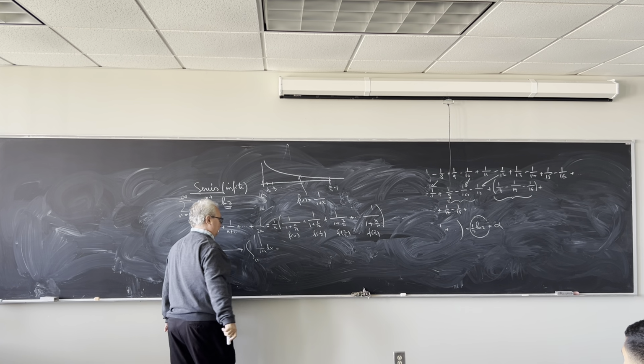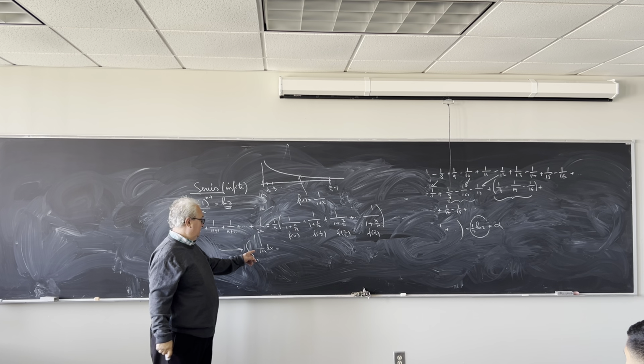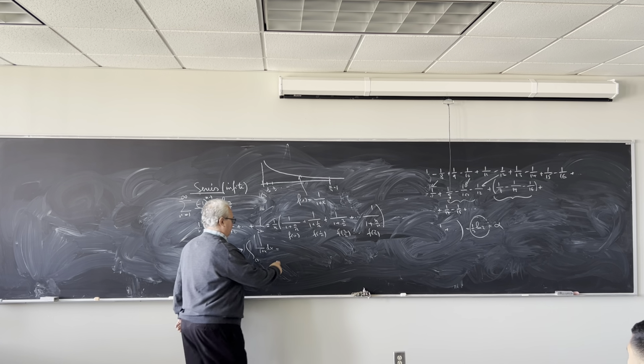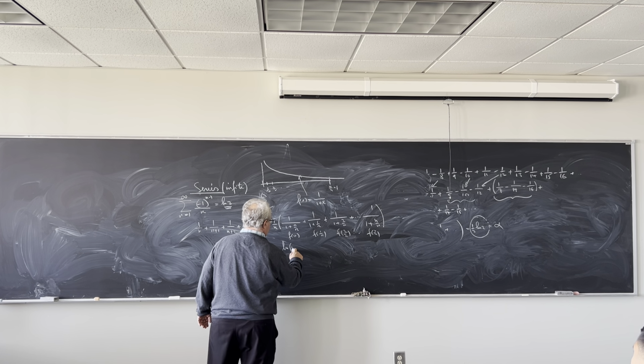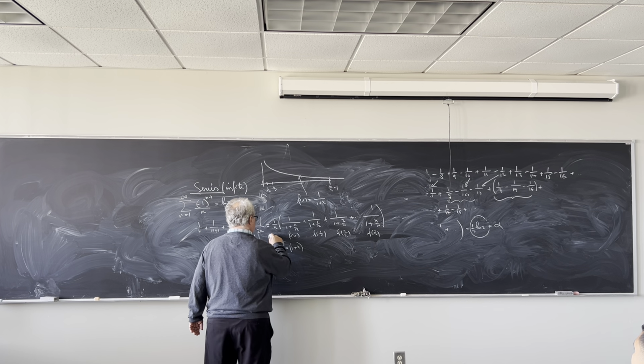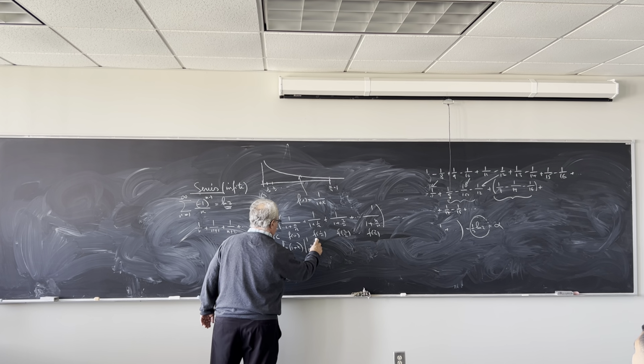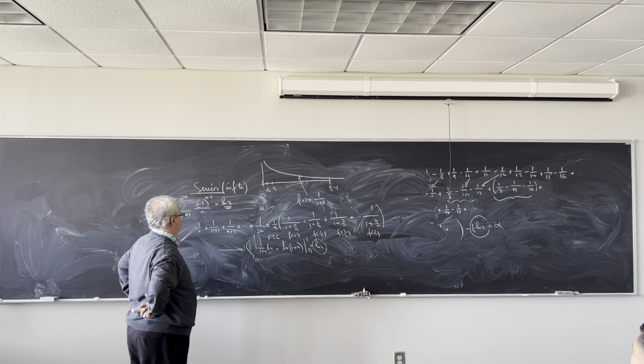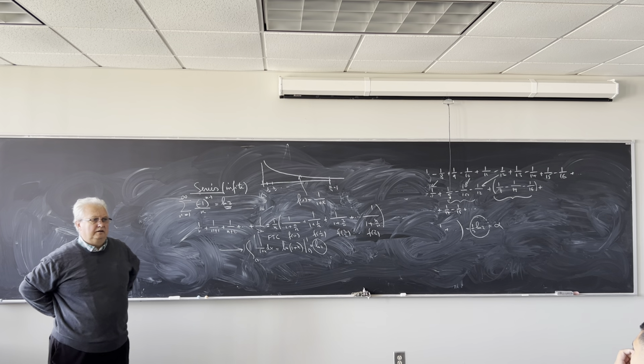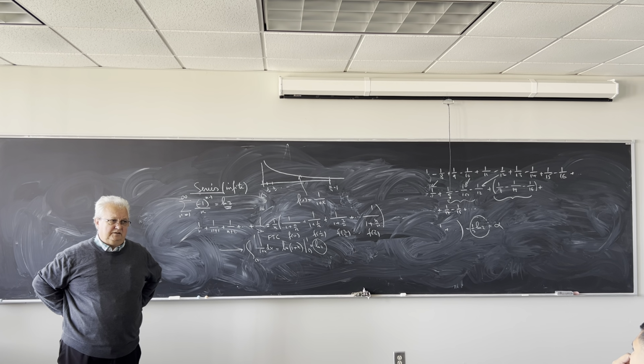Well, the antiderivative of 1 over 1 plus x is ln of 1 plus x. So now we're using the fundamental theorem of calculus, evaluate this between 0 and 1, and get ln of 2. So this is an exercise that we did at the beginning of the class.